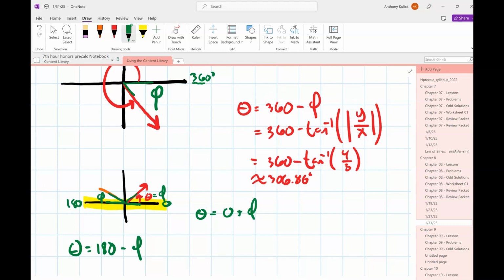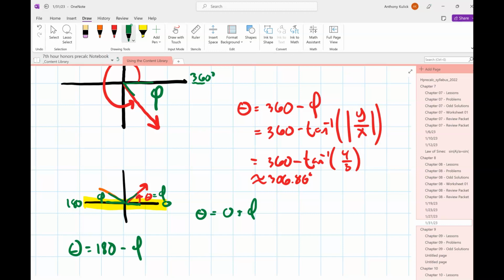If you're in the third quadrant, it would be 180 plus. If you've gone around more than once, it'd be 360 plus. It's always one of those. Does that make sense?